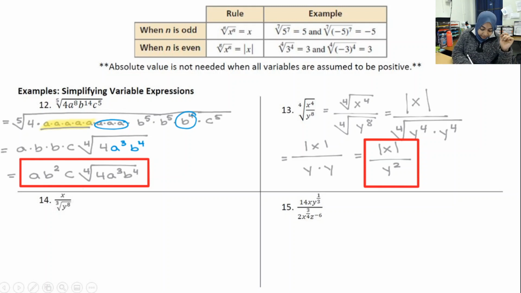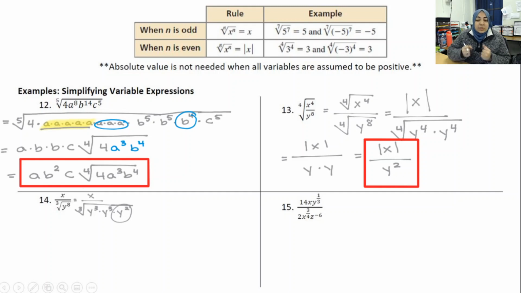All right, I have x in the numerator, nothing wrong with that, totally fine. And then I say, okay, I know that y to the 8th is the same thing as y cubed times y squared. So I'm going to split this up into y cubed times y squared. And you're going to say, wait a second, I'm still going to have that y squared left over under the cube root.